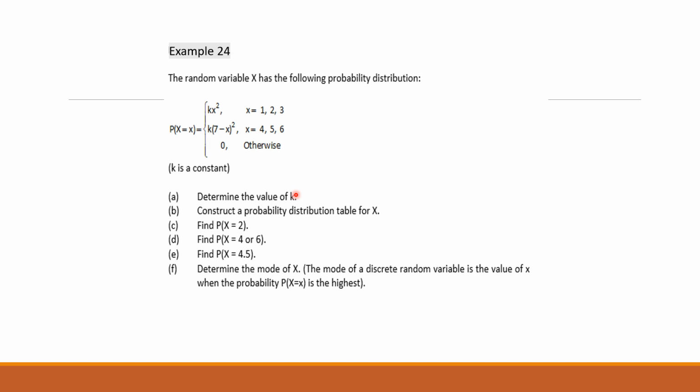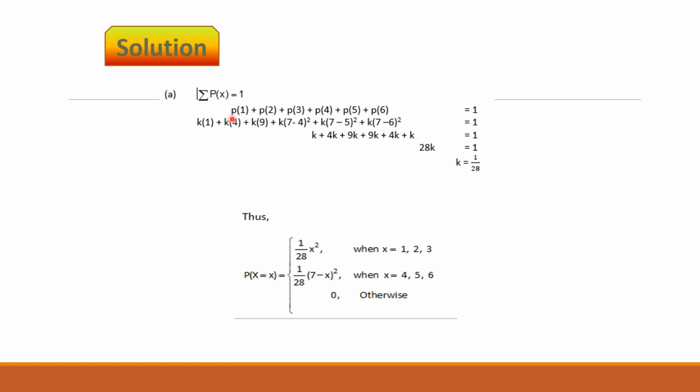To determine the value of K, we know that the summations of all probabilities must equal 1. So the summations of probability for all values of X is equal to 1. Then we take probability X equals 1 plus probability X equals 2 until probability X equals 6.